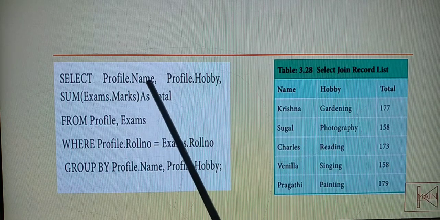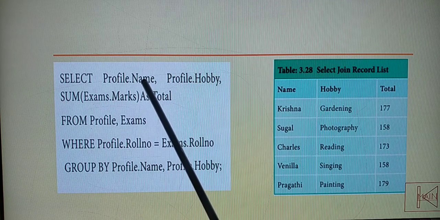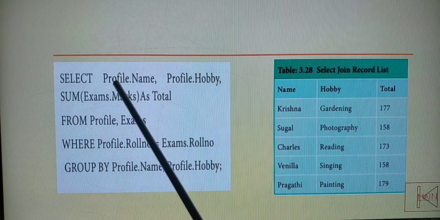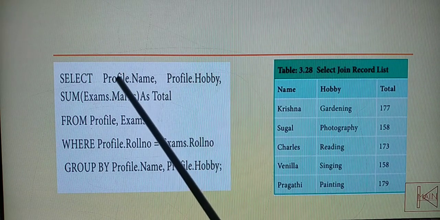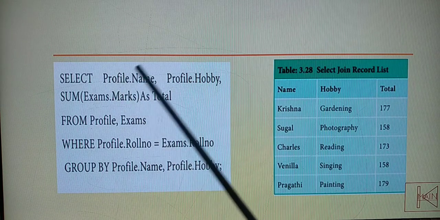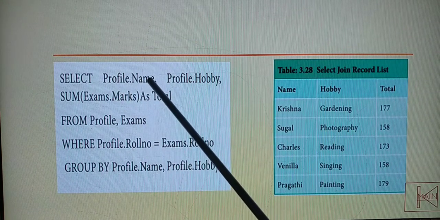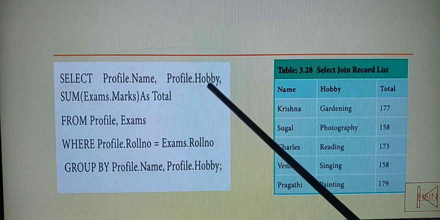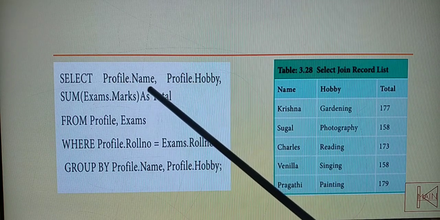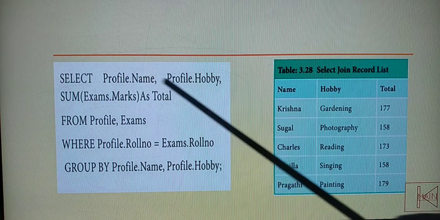Name is nothing but your column name. So the column names are name and hobby. Profile is your table name. From that profile table, you are going to take the columns name and hobby.